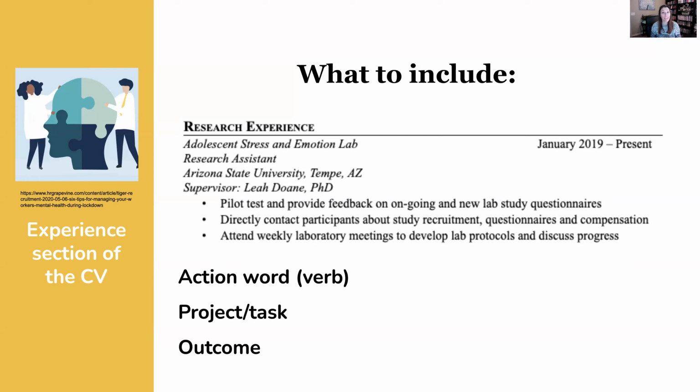And then if you can, list an outcome. And so we'll show you the example here. I have it highlighted in red boxes. So we have attend, so that's the action. Weekly laboratory meetings, so laboratory meetings would be the project or task. To develop lab protocols and discuss progress. So that would be the outcome, right?